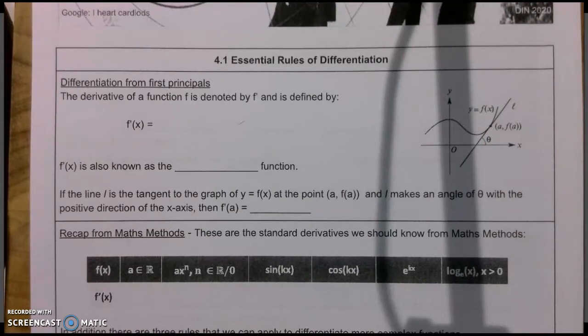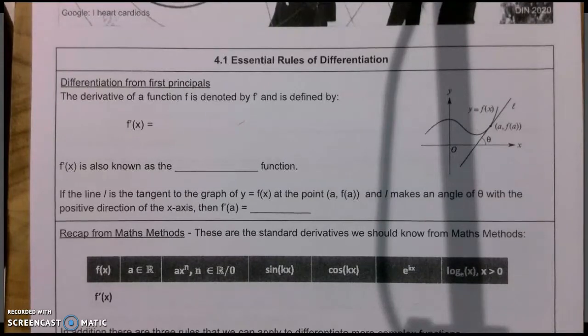And what we imagine is finding the gradients of chords that originate at the point we're interested in, and we make the width of the chord smaller and smaller and smaller, and look at what happens to the gradient of the chord as we follow that process.